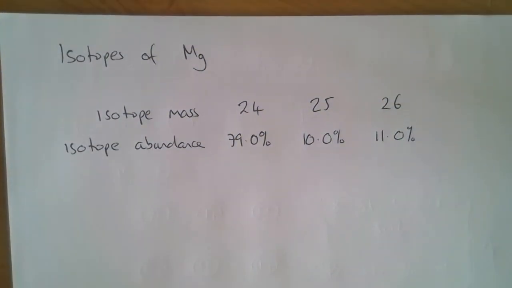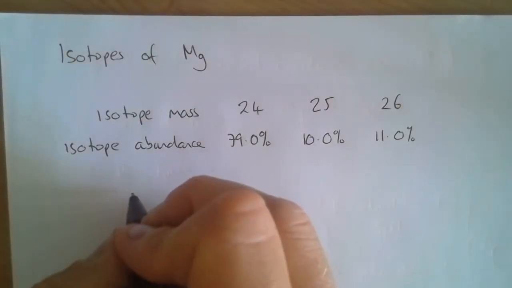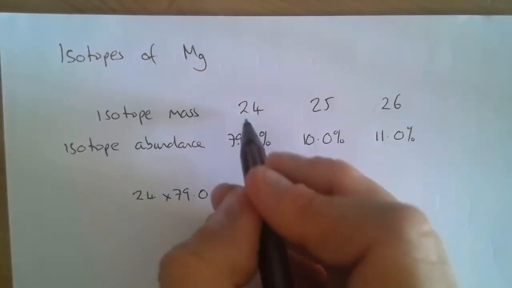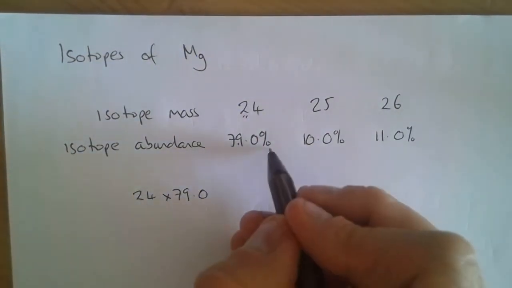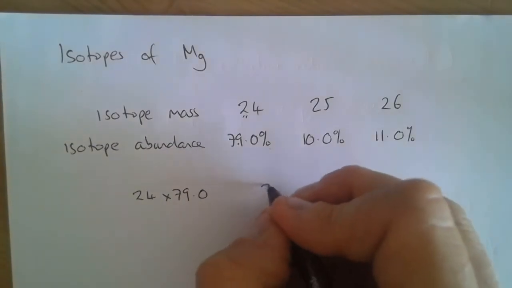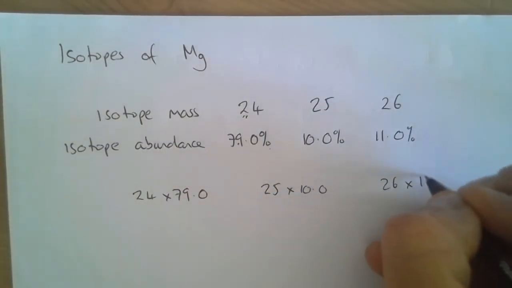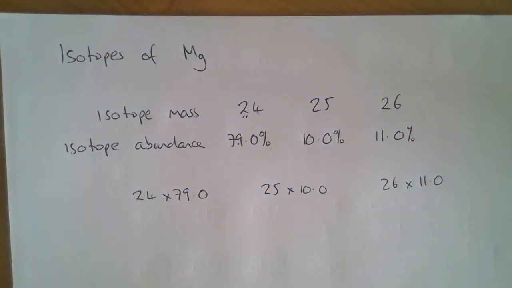So let's look at how we did that last time. I'm going to break this calculation down a little bit more this time. First of all, I'm just going to take the isotope mass and the isotope abundance and arrange them so that we're multiplying them for our weighted mean average.